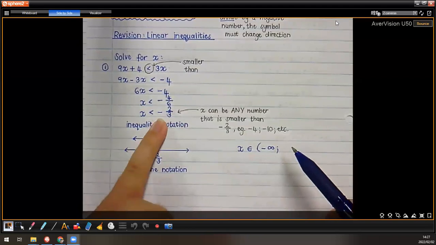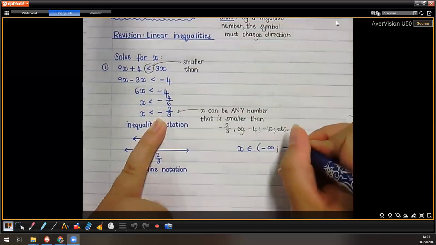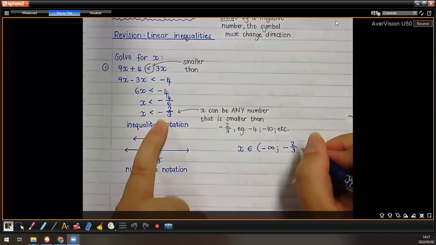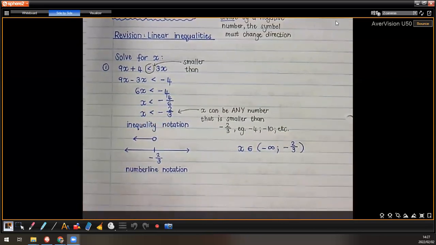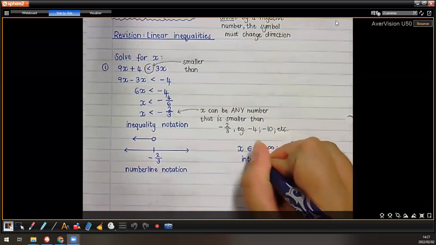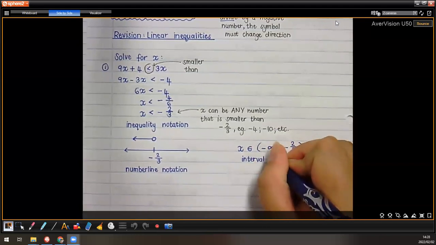And then it can go to -2/3, but can it be equal to -2/3? No, so we again use a round bracket. This is called interval notation.